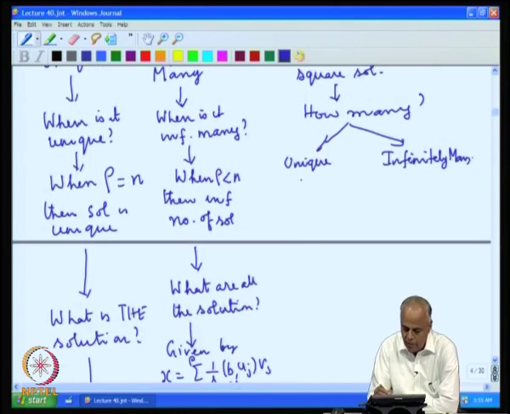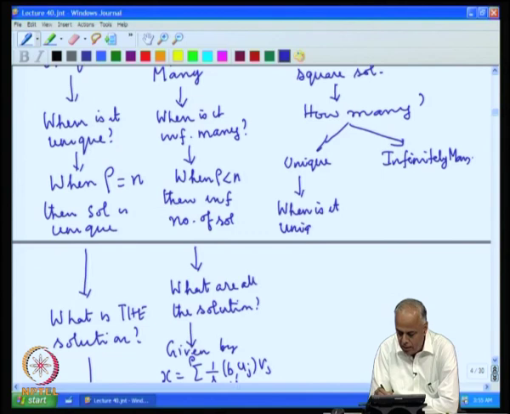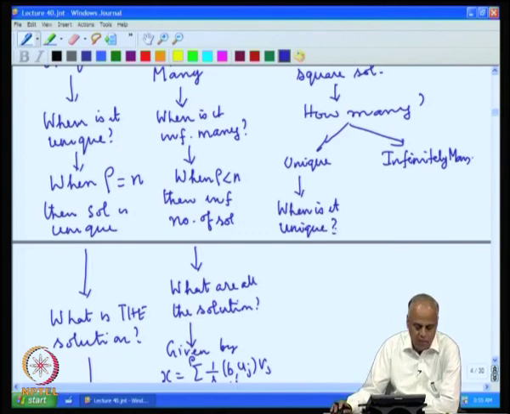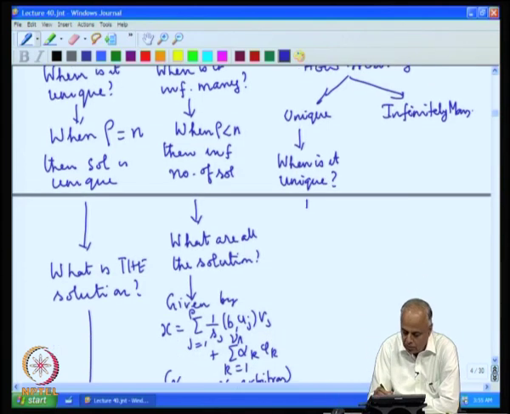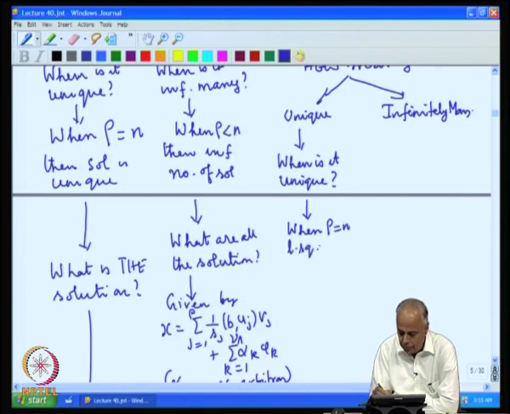Then we ask, when is it unique? Now we know the answer, that we get the unique least square solution when the rank is equal to n. So, when rank is equal to n, least square solution is unique.